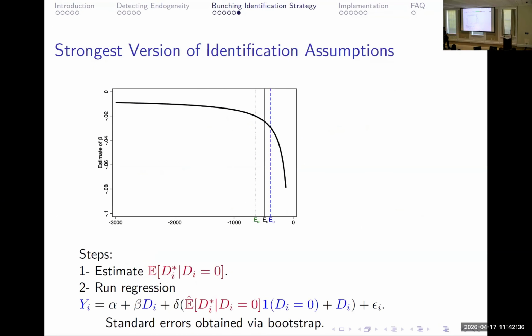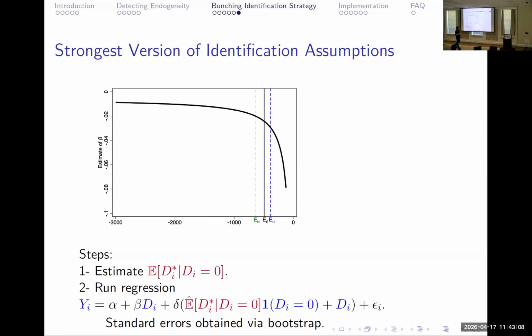Essentially, in the horizontal axis here, these are all the potential guesses I make. And for each guess, I go and estimate the beta hat. So for instance, when the guess is -3,000, I get this beta hat, which, as we discussed before, will be negative. When I guess -2,000, I will estimate this beta hat. When the expectation is -1,000, I get this beta hat and so on. And the key point to have in mind is that you will have an asymptote there.